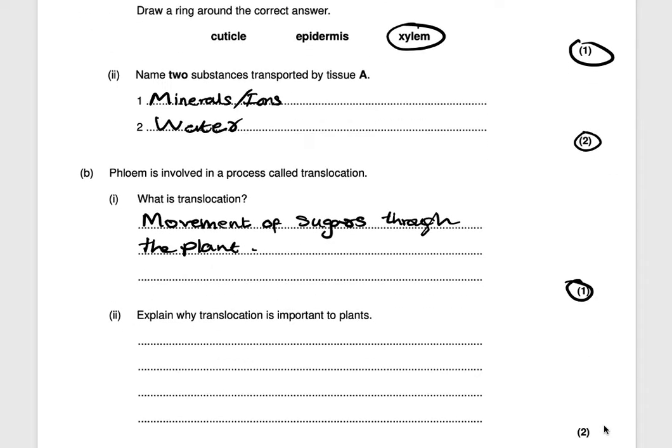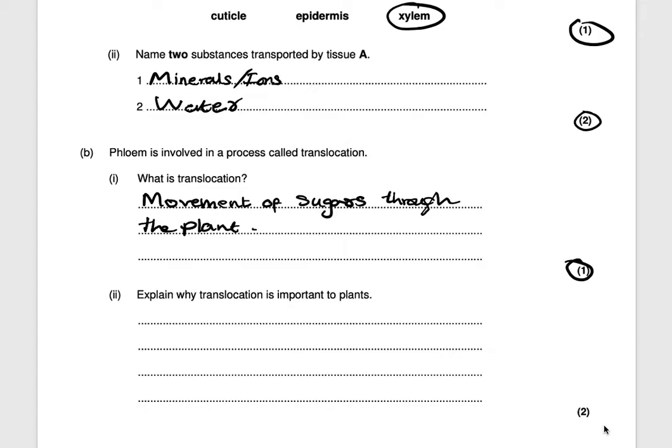And now we need to explain why translocation is important to plants. It's because where are the sugars actually made? The sugars are actually made in the leaves.